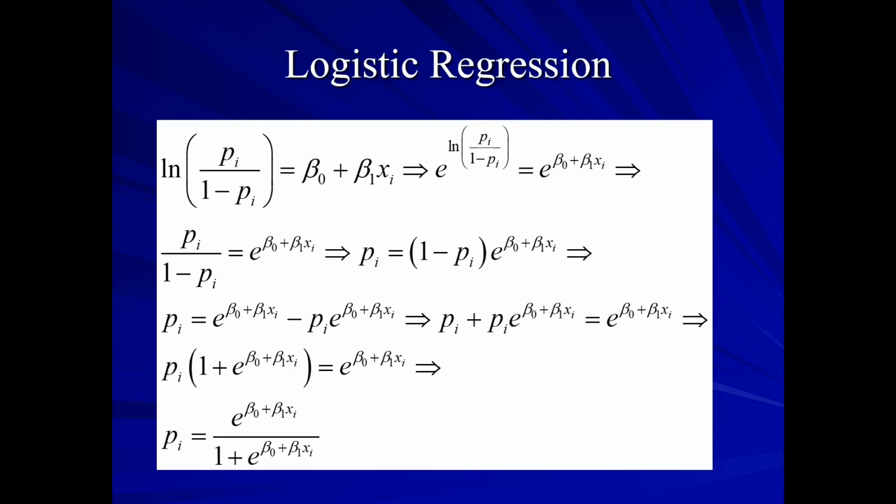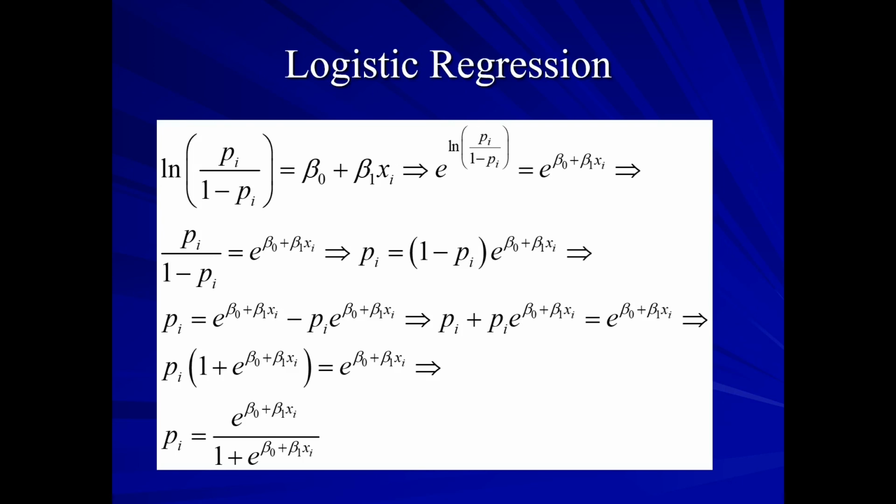However, we're going to have to expand this a little bit. And what we come up with is that pi equals e to the beta 0 plus beta 1 xi minus pi times e to the beta 0 plus beta 1 xi. We can add pi times e to the beta 0 plus beta 1 xi to both sides. And what we now get is pi plus pi times e to the beta 0 plus beta 1 xi equals e to the beta 0 plus beta 1 xi.